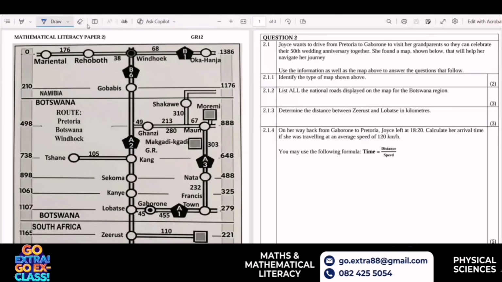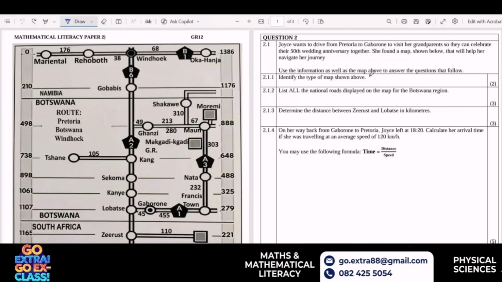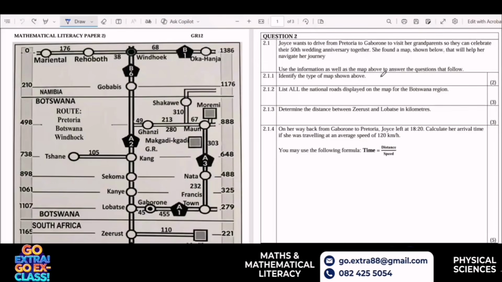By now you should know this is a strip map, or if you like you can say chart. So this is a strip chart. So that was so simple again.